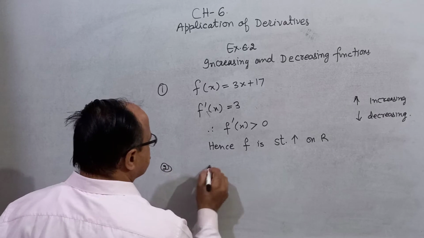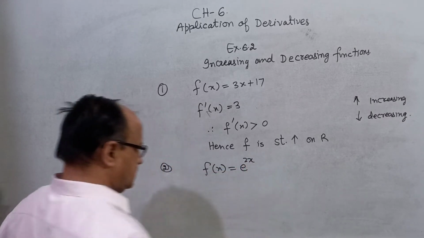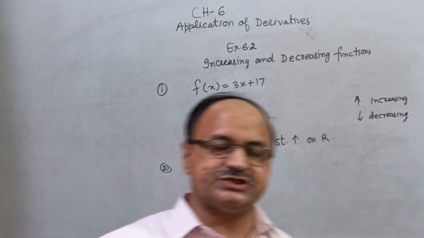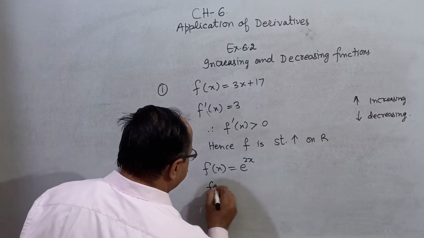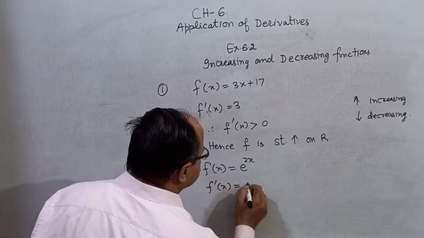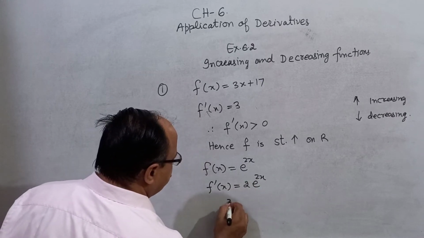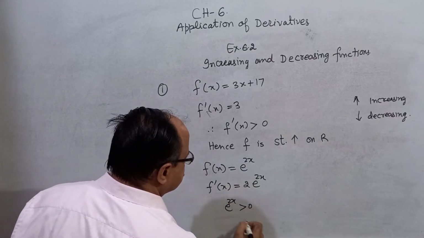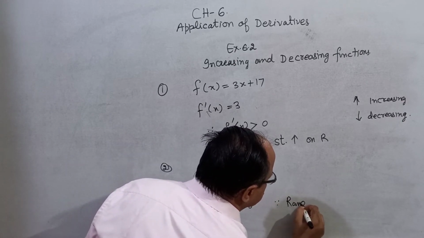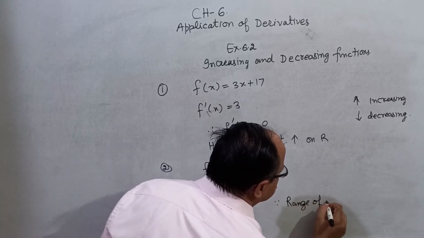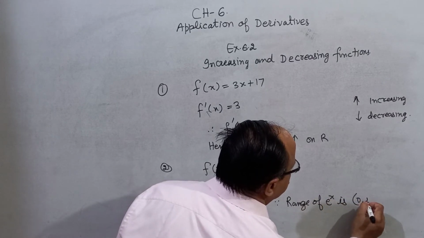Second, f of x is equal to e to the power 2x. Prove that this function is also strictly increasing on R. Find its derivative. f dash x is equal to 2 times e to the power 2x. You know that e to the power 2x is always greater than 0 because the range of the exponential function is 0 to infinity.